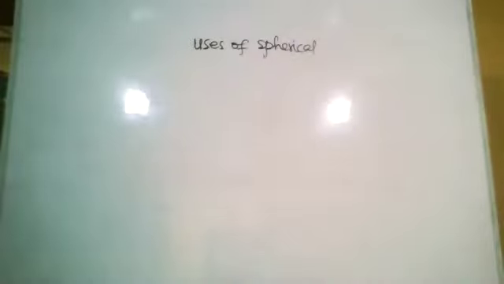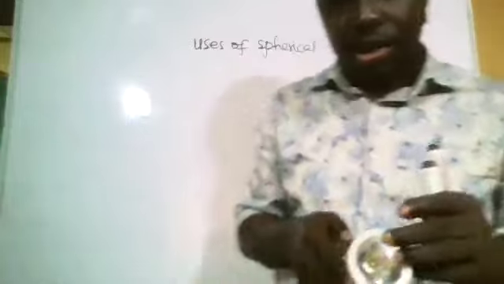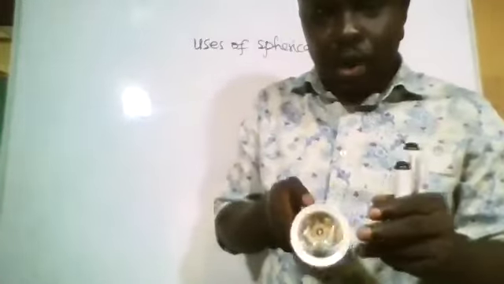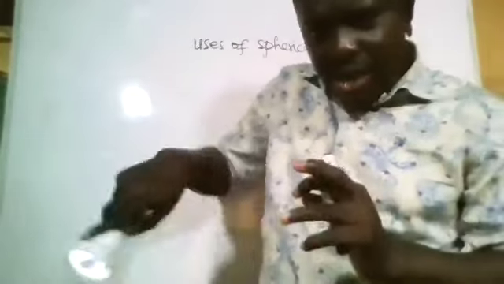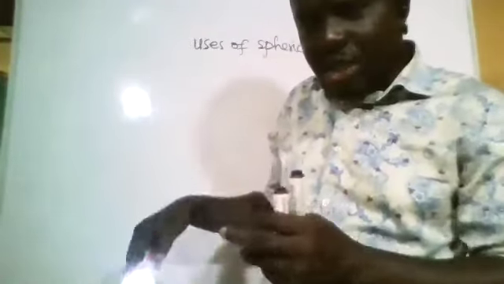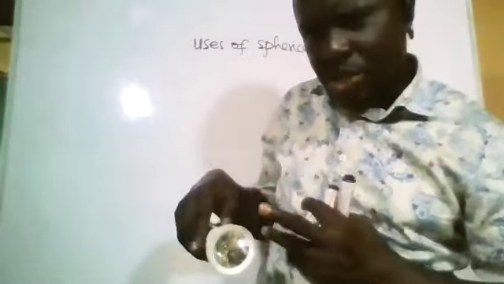The torchlight works in such a way that the bulb is just at the middle of the reflector, so when you switch it on, this is the reason torchlight can travel that straight.